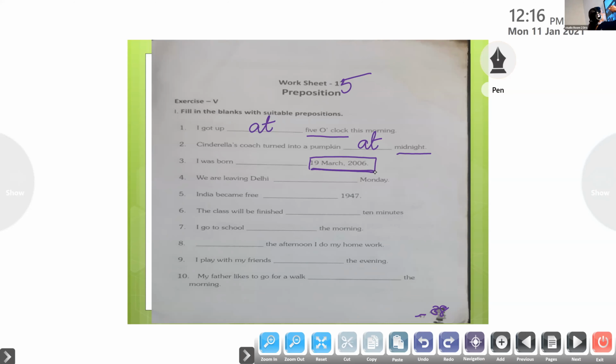This is a date, okay? So 19th March 2006 is a date. So before this date, which preposition do we use? Day and date. I've already told you. Who can give me the answer? Amaya, come on. Before the day and the date, which preposition do we use?